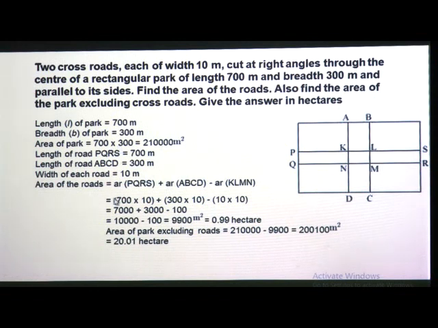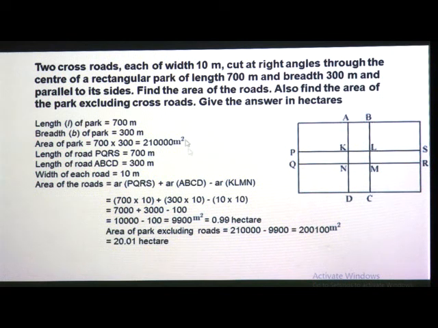Now, why did we calculate here? We calculated to find the area of the road, in hectares and also in meter square. So, the area of the road is 9,900. The question is to find the area of the park excluding the crossroads.